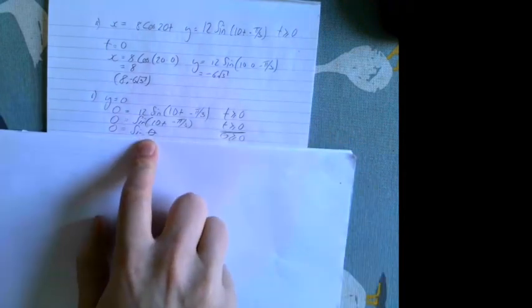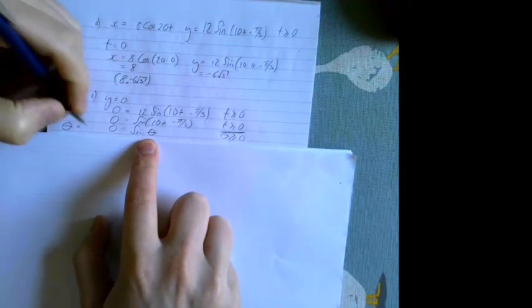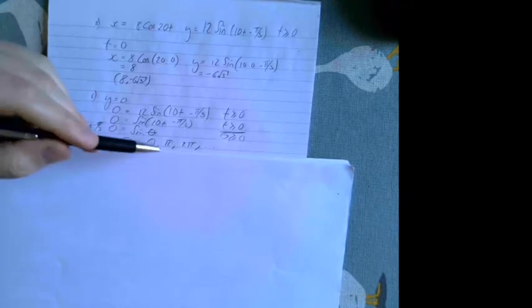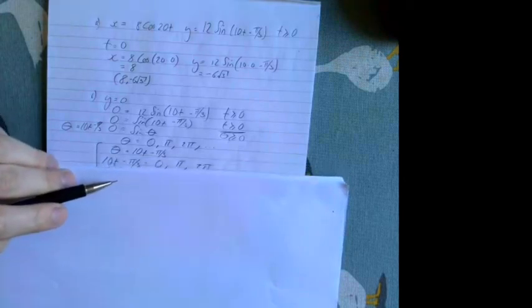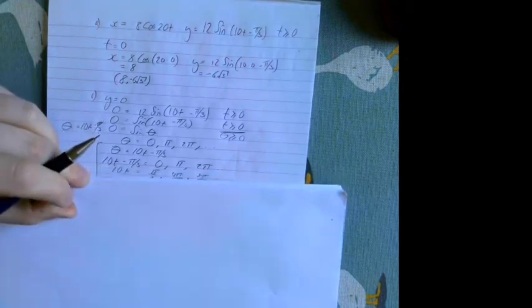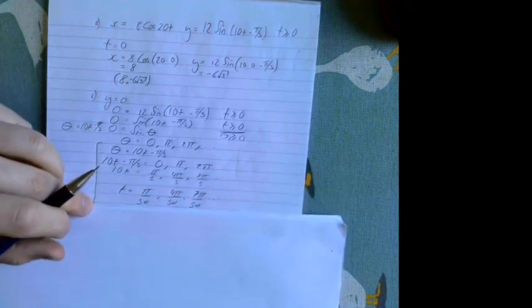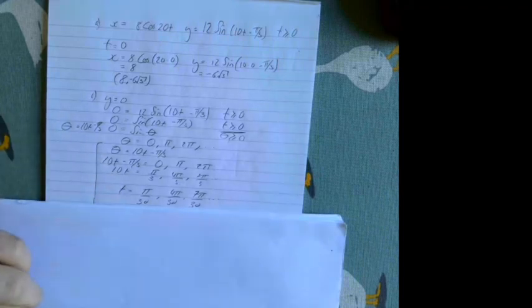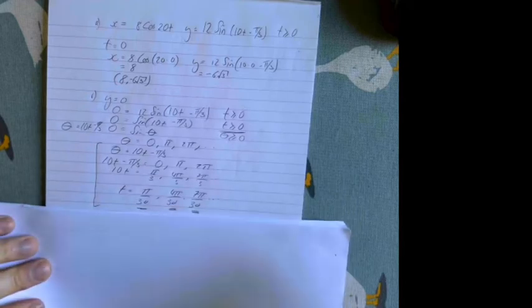If I made theta equal to 10t minus pi over 3, I would get 0 equals sin theta. Solving for theta, theta would be equal to 0, pi, 2 pi. Theta was equal to 10t minus pi over 3, so 10t minus pi over 3 is going to be 0, pi, 2 pi. And that gives you that your t value was pi over 30 minutes, 4 pi over 30 minutes, 7 pi over 30 minutes, etc. So I hope that solution makes sense there. Leave that there for you.